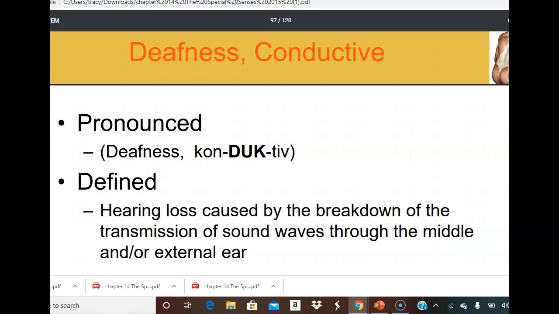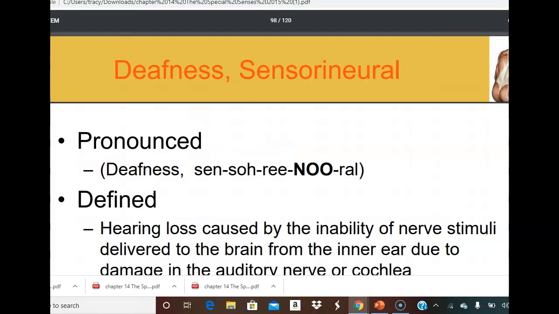If someone has had repeated perforations of the tympanic membrane or repeated ear infections that cause scarring or sclerosis of the ossicles, then that can prevent the transmission of sound waves to vibration, which then prevents the conduction to the sensorineural or inner ear.